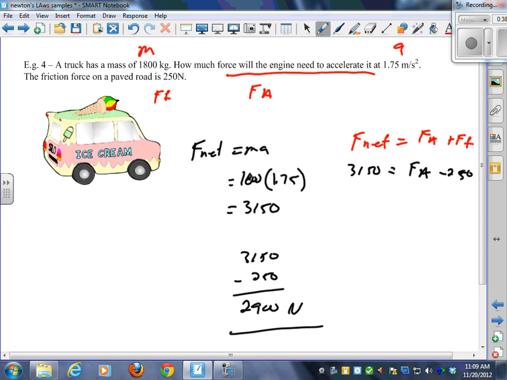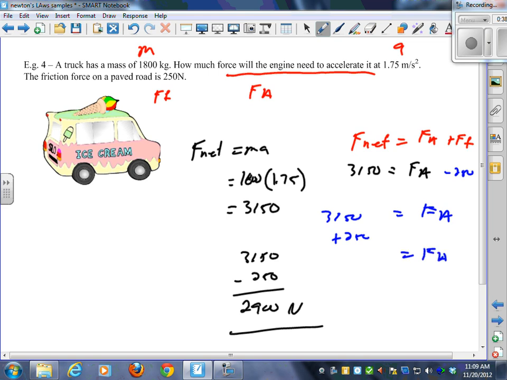And now when I solve it, because it's friction, so it's negative. So when I take this to the other side, it becomes positive, right? And so my applied force is 3150 plus 250.